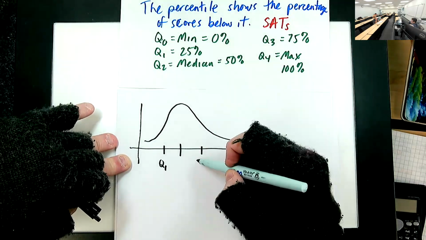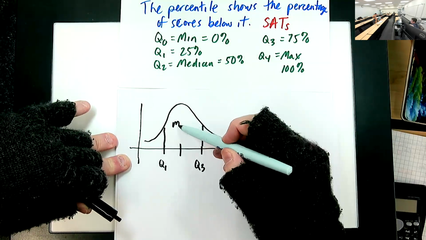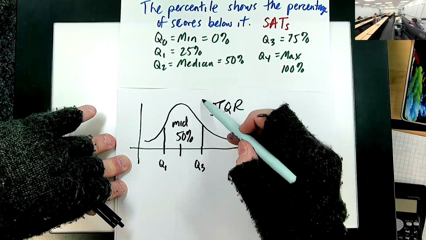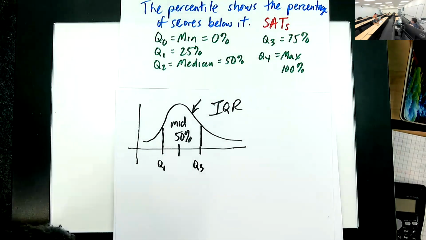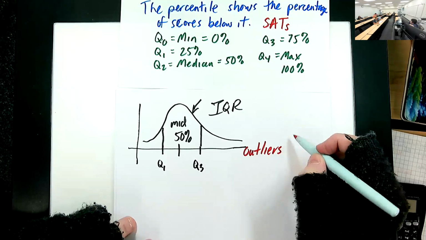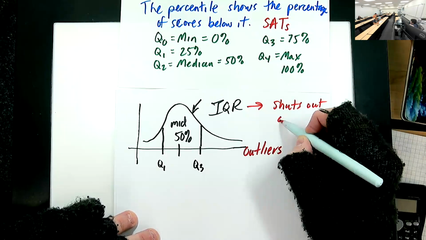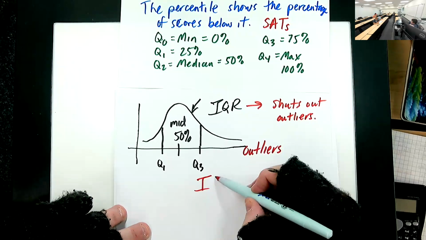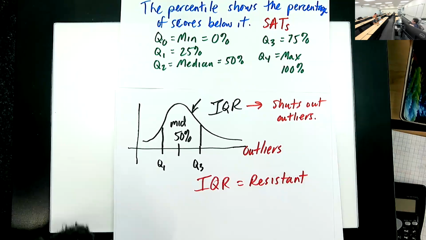This might be Q1, this might be Q3, and you're looking at this middle 50% for the IQR. IQR is looking at that region right there. So what does that do? If we have outliers, outliers are over here. So it shuts out outliers, which means IQR is a resistant score. It's a resistant thing. They don't affect it a lot.